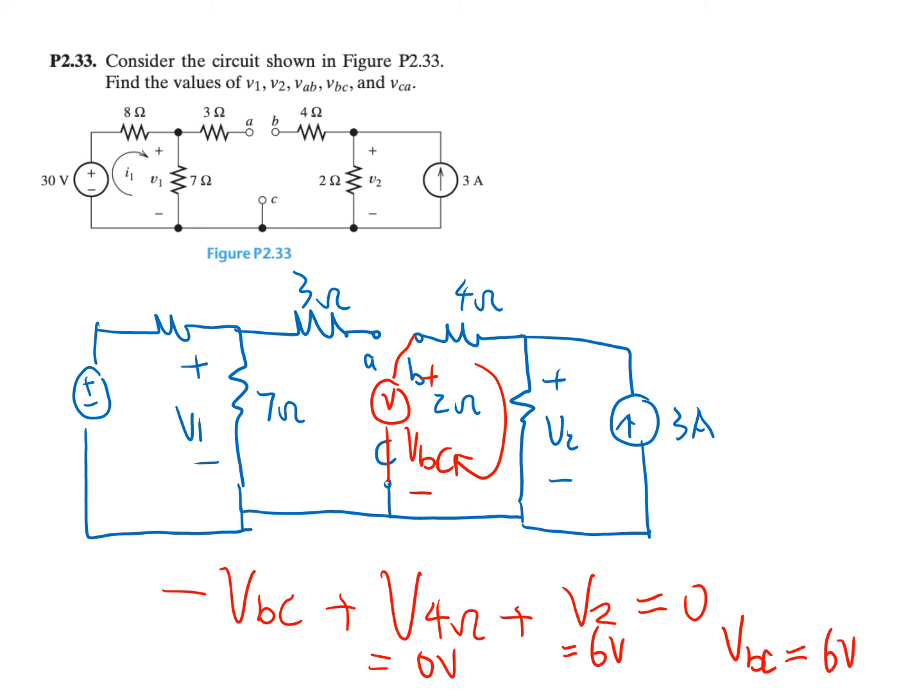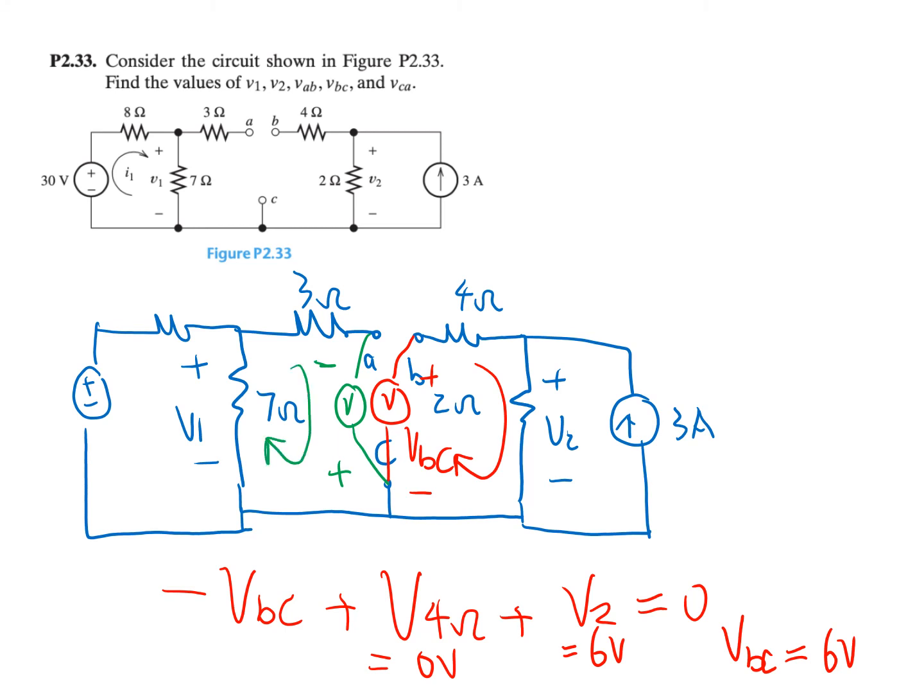If we want to find the value of VCA, VCA is here. Similarly, we connect the voltmeter here, and we let this be positive, this be negative. We perform KVL.